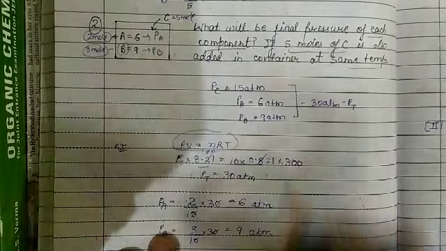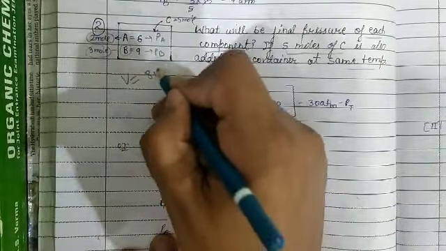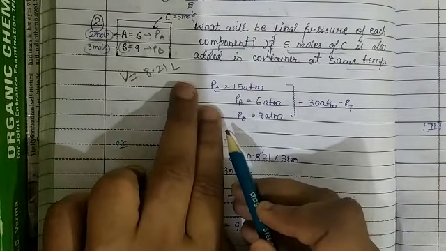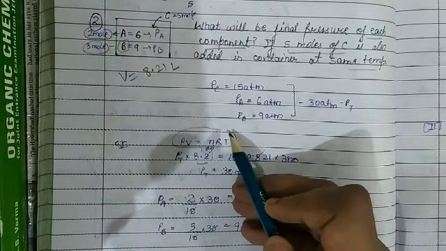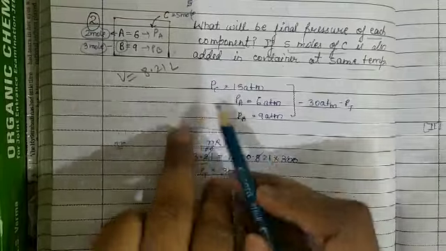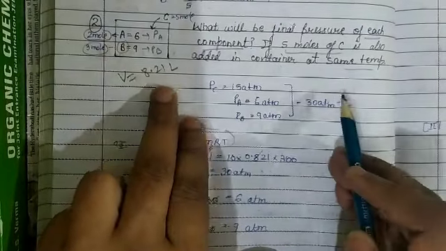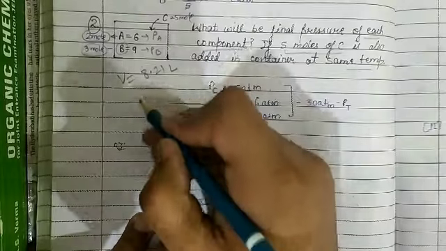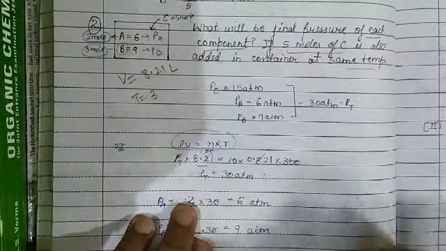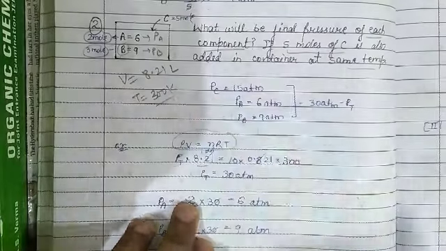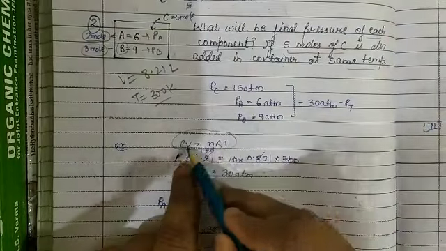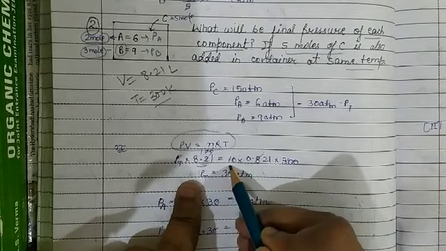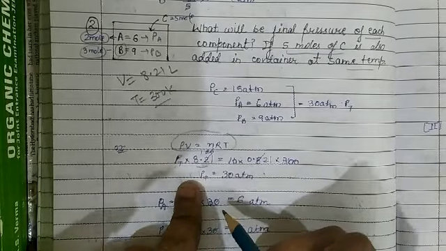Note, the volume is given 8.21 liter, and 5 moles of gas is added. Also the temperature of the container is given 300 Kelvin. First we apply PV equal to nRT. Pressure, volume is 8.21 and the number of moles is given initially.